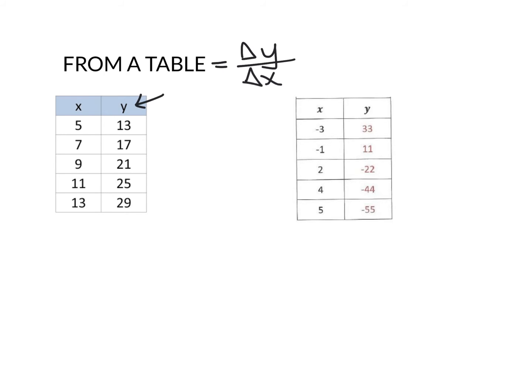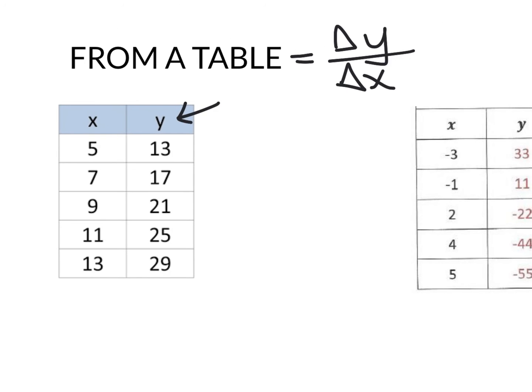So we're going to do these 2 examples real quick. This first one, if I find the change in y, I'm just going to be looking here. This change every time looks like it's going up 4. Up 4. Up 4. Okay, so this is the same every time. And on the x side, it looks like my change is increasing by 2.